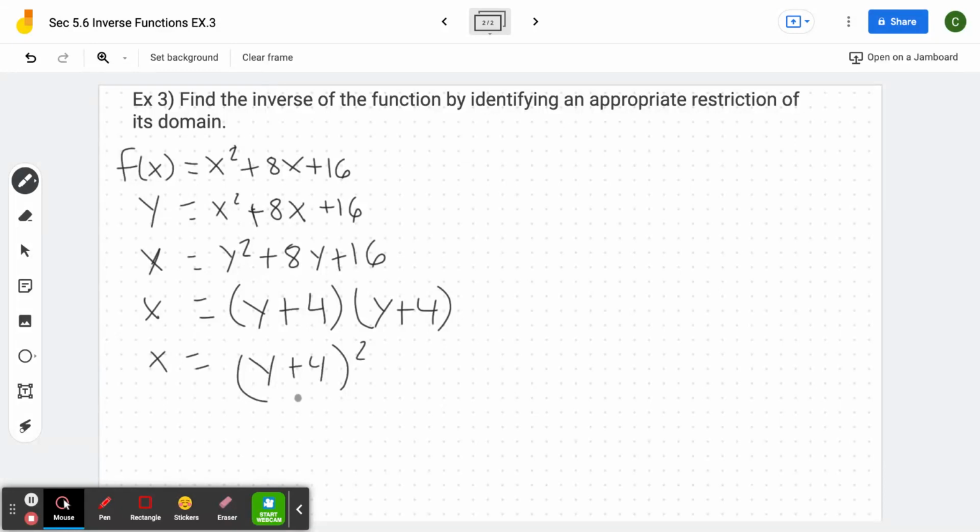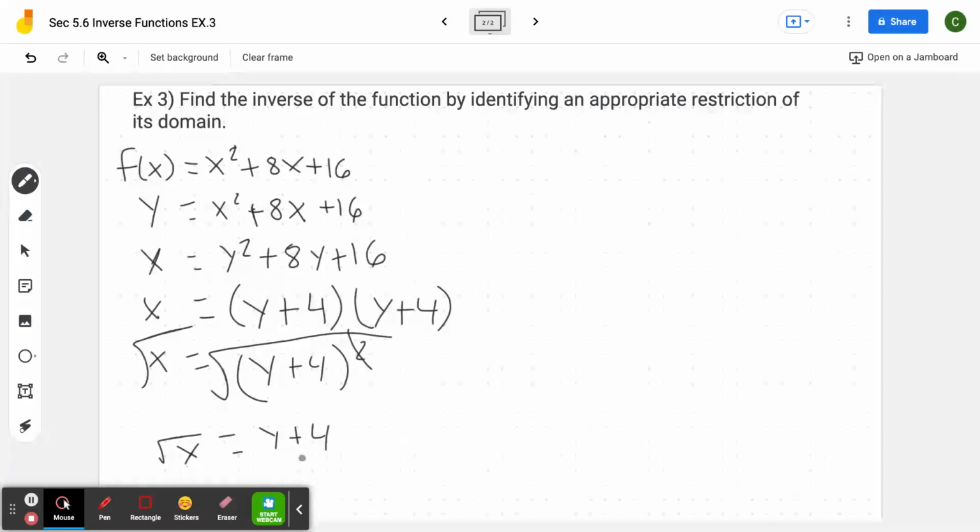And to solve for y, or to get y by itself, I'm going to need to square root both sides because y is ultimately being squared. So the square and the square root cancel out, and I'm left with y plus 4 equals the square root of x.